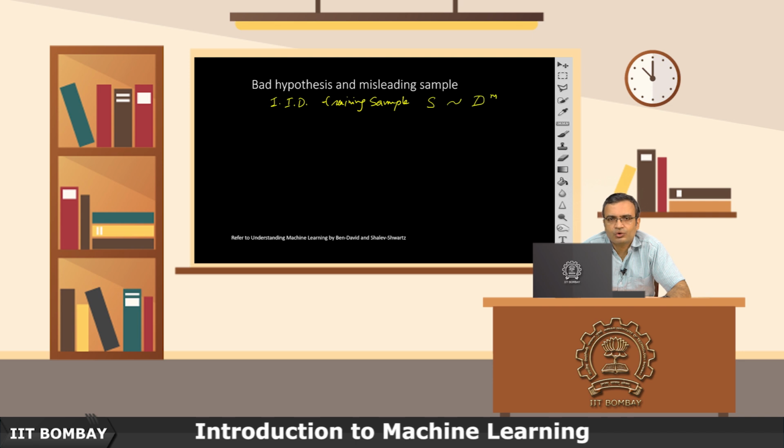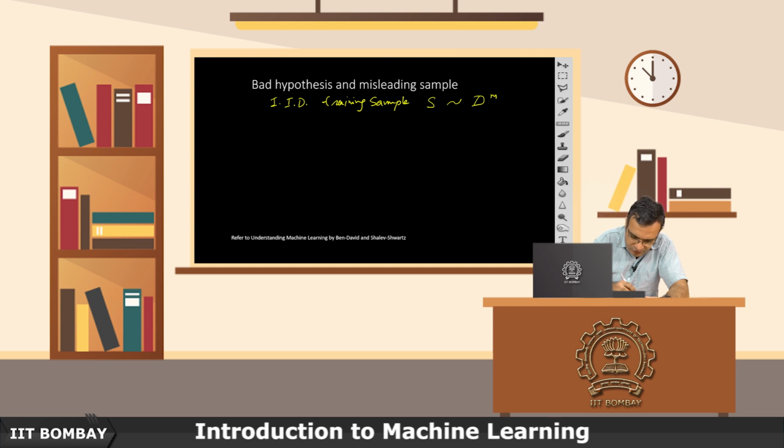So the joint probability of all the points in S is going to be a product of probabilities of the individual points in S. So this is an assumption that the training data that I get, each sample is independent of each other. Not unrelated, it's related through D, but otherwise it is independent of each other, and it is identically distributed. The probability distribution of x1 is the same as that of x2 and so forth.